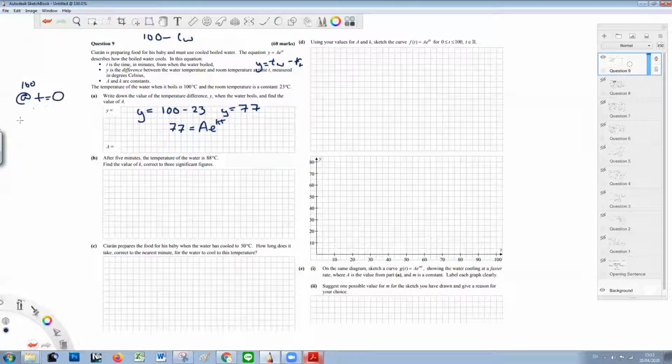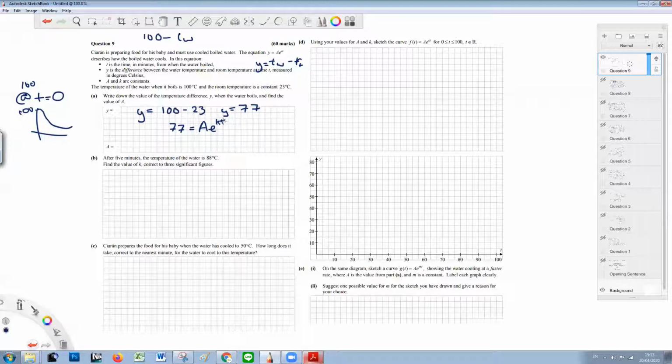Now, once the heat is taken off, the temperature is obviously going to drop. So at time 0, the water is at 100, and from that point on, the water is going to drop in temperature. If you had a graph, at t equal to 0 the temperature is 100, and it's going to drop in that kind of way.